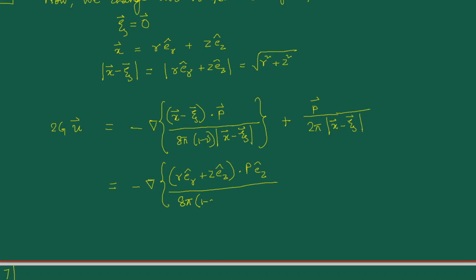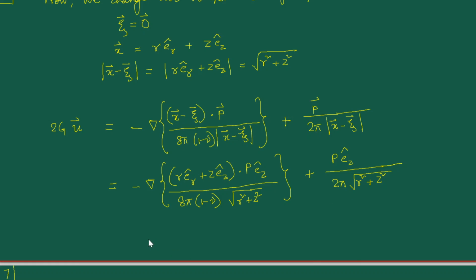So this 8 pi into 1 minus nu factor remains as it is, and as we have just seen, this magnitude becomes the square root of r square plus z square. And here we again have P EZ vector, and this denominator becomes twice pi into the square root of r square plus z square.